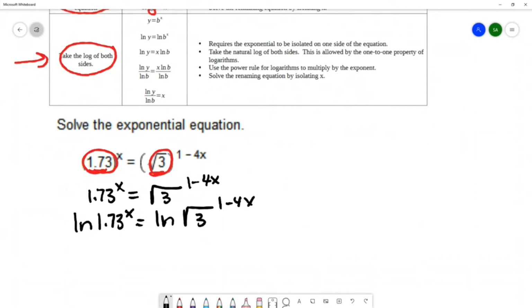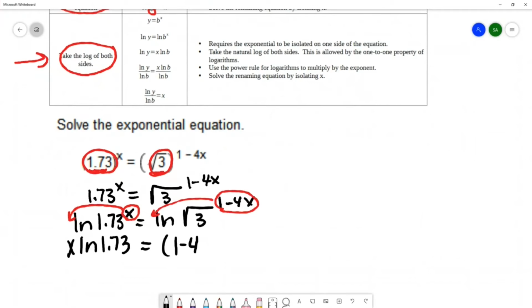Once you introduce the log, you have log properties that are available, and the one that we're going to use is called the power rule. The power rule for logarithms allows us to take that exponent and move it to the coefficient of the log. So that will give x natural log of 1.73 equals 1 minus 4x times natural log square root 3.